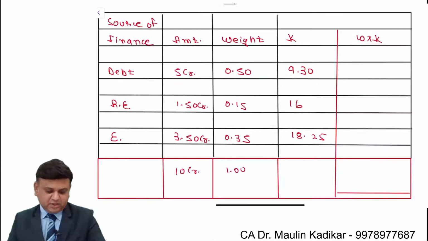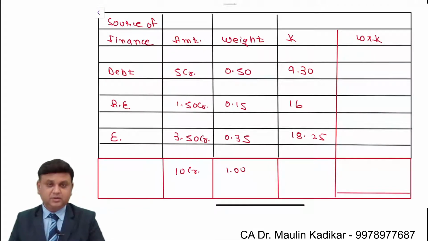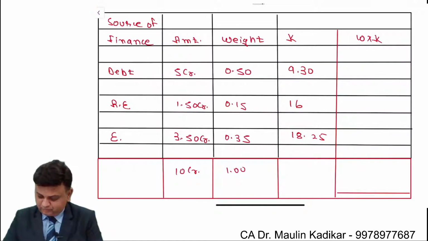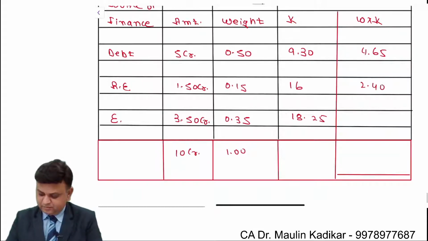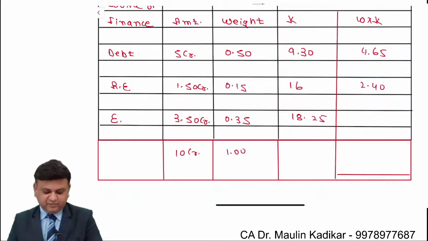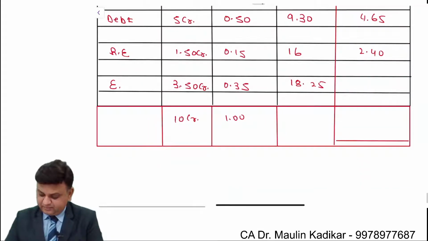So here weight into cost. So 0.5 into 9.3, so it is 4.65. 16 into 0.15, so 2.4. 0.35 into 18.25, so 6.3875.